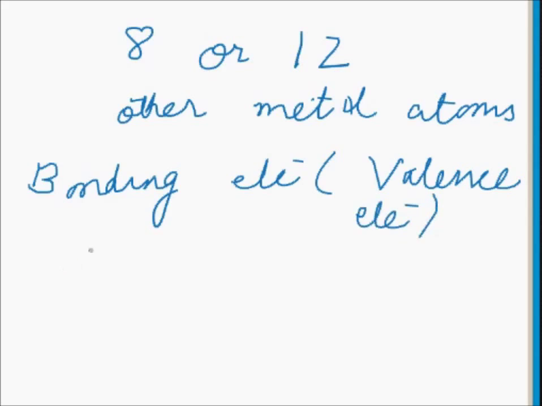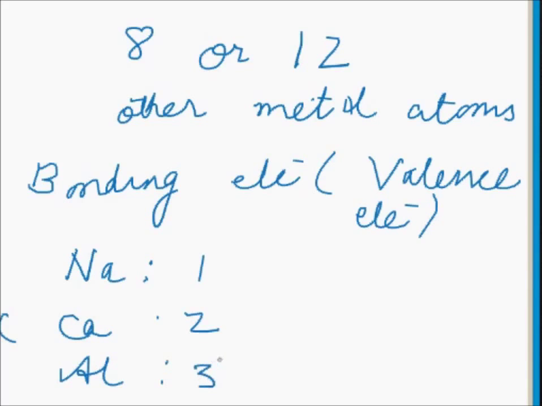For example, for sodium it is 1, calcium 2, aluminium 3. And it is not possible for a metal atom to form 8 or 12 electron pair bonds with the neighboring metal atoms.